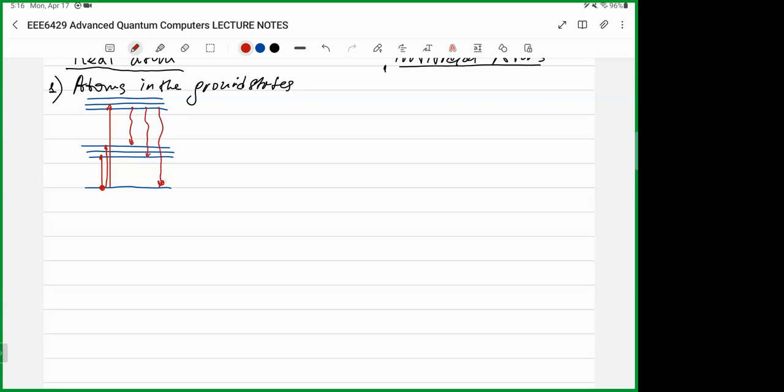So even a simple atom is already a complex system, and it contains many possible quantum transitions.